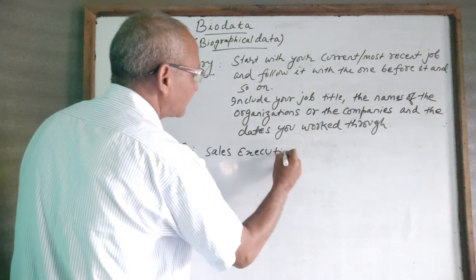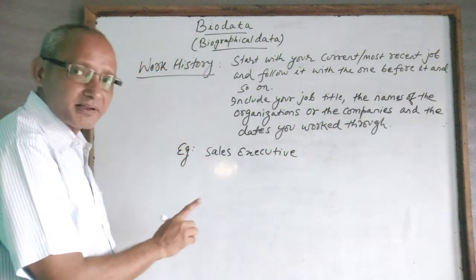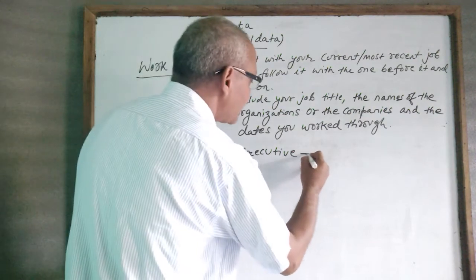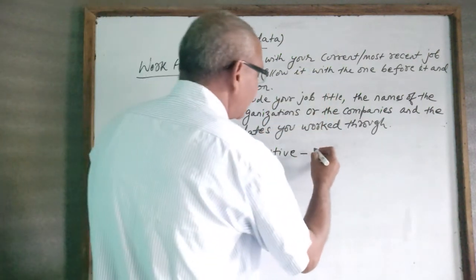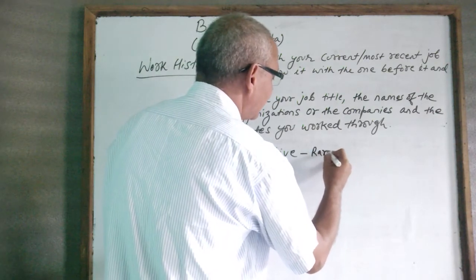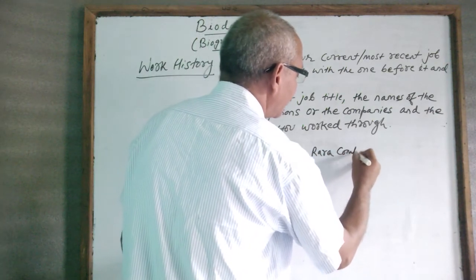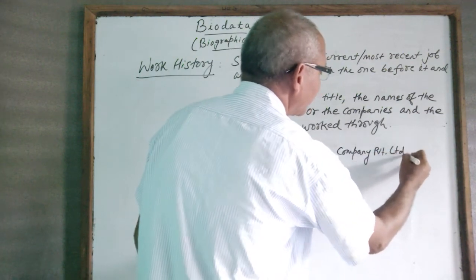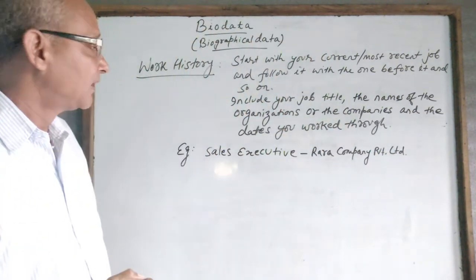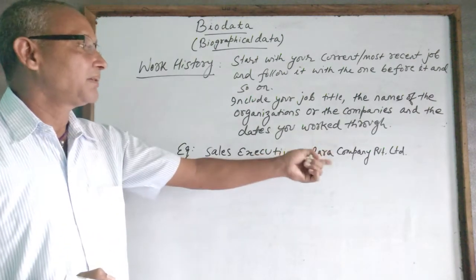Okay, I was working as a sales executive. Where was I working? The name of the organization. Let's say Rara Company Private Limited. Well, this is a fake name. Sales executive, Rara Company Private Limited.